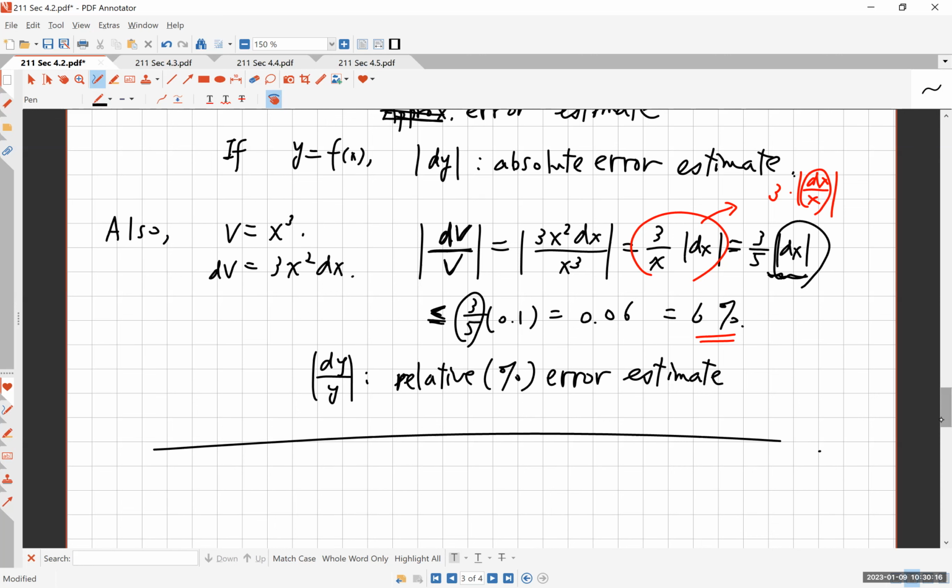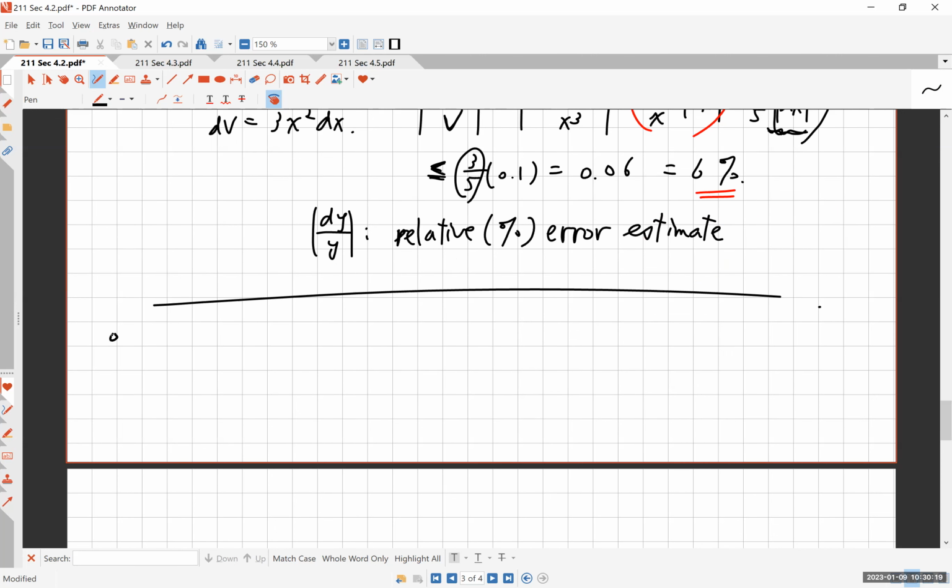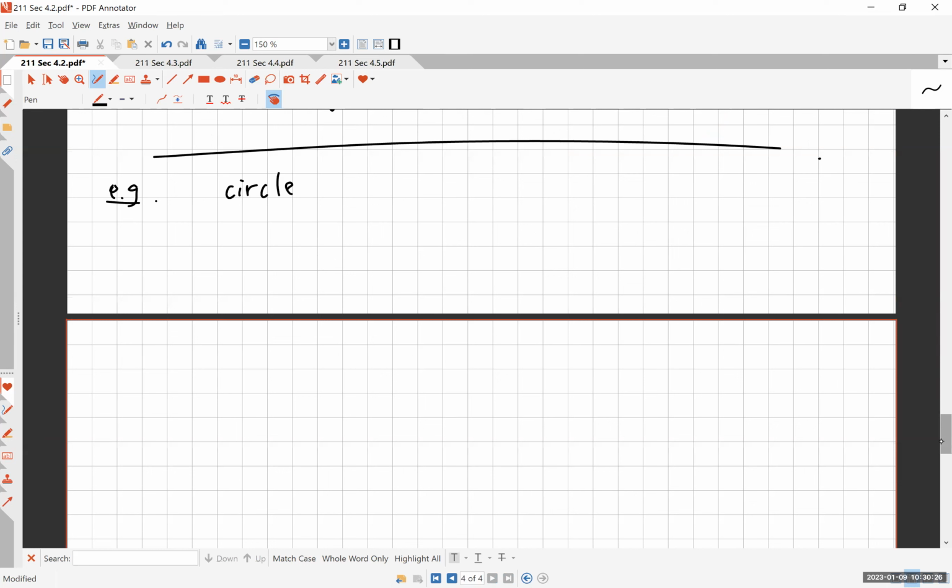I should do one more example before we finish. Let me give you one last example of absolute and relative error estimate. Let's assume you have a circle. The radius is 10 inches, plus or minus 0.2 inches.